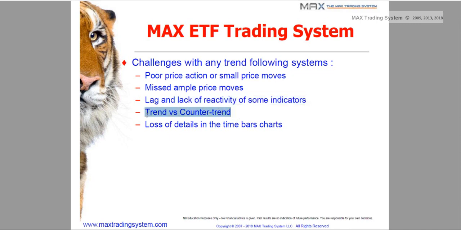And with the classical MAX, I have always felt a bit frustrated by the fact that we have to make the distinction between a trend and a counter trend. I will explain in a moment what a trend and a counter trend is based on the classic MAX.